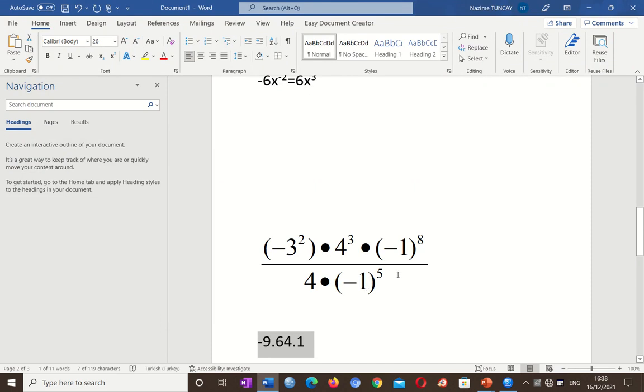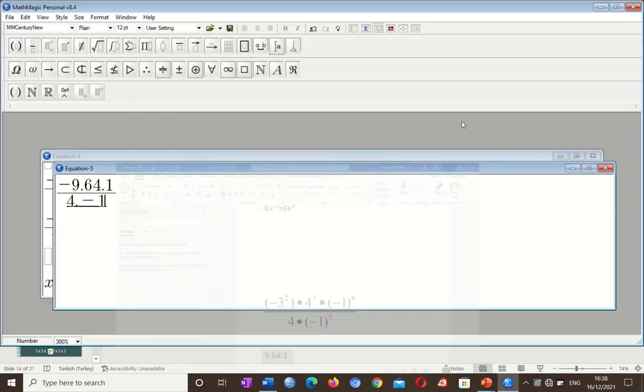Do you agree? Yes. Good. Okay, so here, let us continue. So, this 4, I divide both sides with 4, and this is 16. Why? 16 multiplied by 4 is 64.